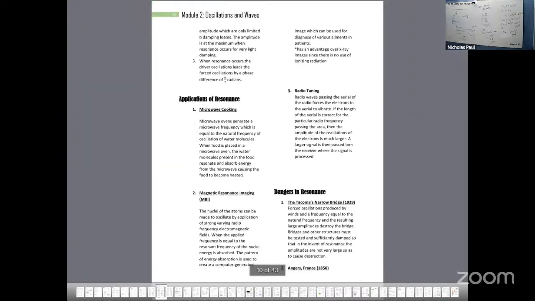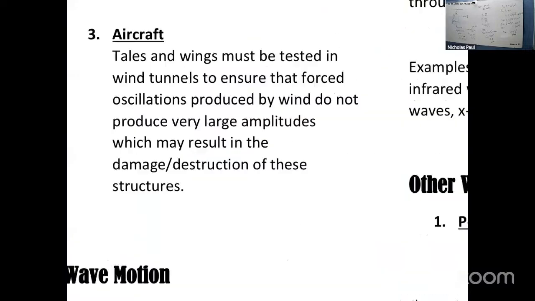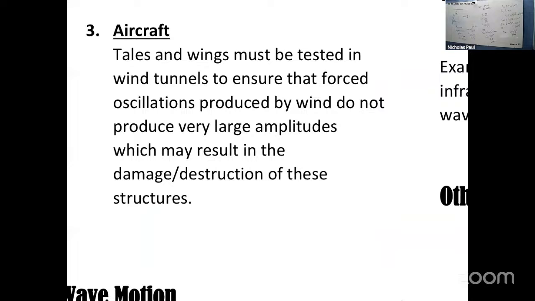It has some examples here. You can read up on it. One of the examples that you have to remember is that on aircraft, the tails and the wings must be tested in wind tunnels to ensure the forced oscillations produced by the wind do not produce very large amplitude.